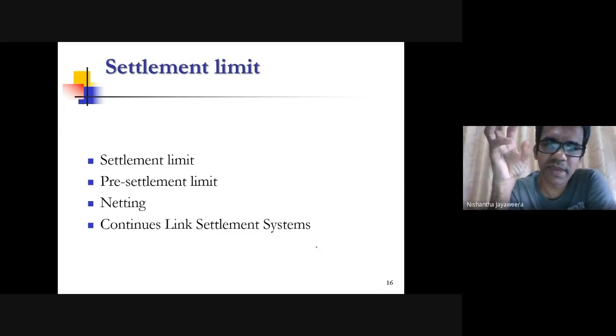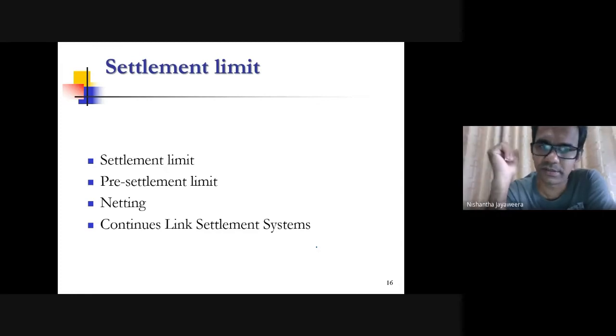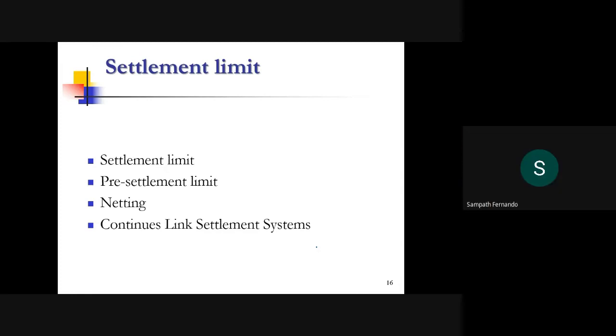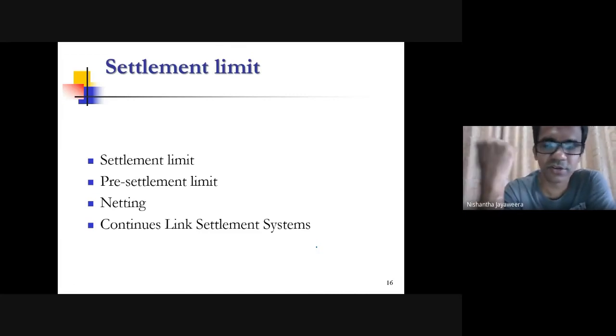What would be the maximum amount that you are going to settle with a single party? Excuse me, sir. In the pre-settlement risk, the risk is very minimal, no? The amount which we incur depends on the market volatility. If the market is highly volatile because of the failure of a large bank, then maybe a gain or a loss.